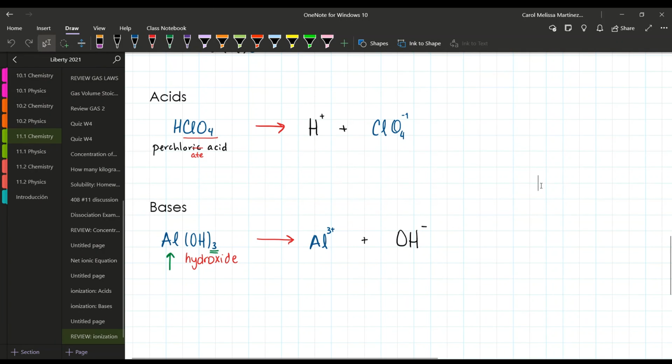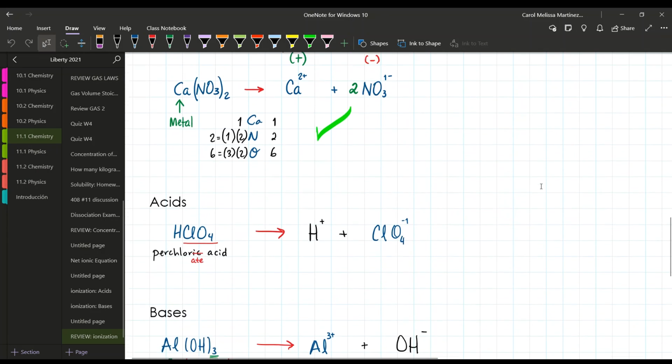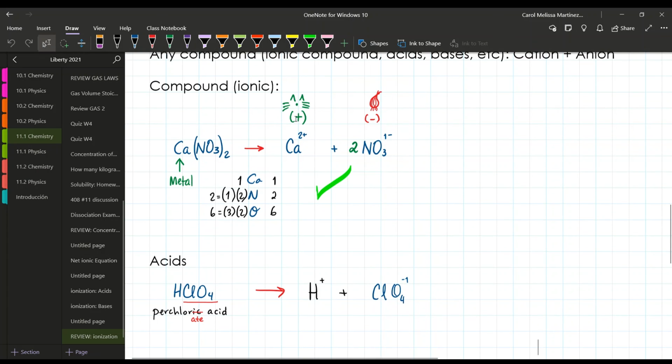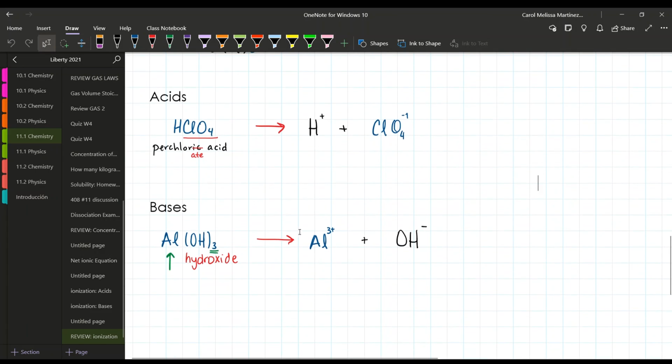And in the end, as I told you, you can combine it. You can write first the cation and then the anion, just like in the first example. Remember, the positive goes first and then the negative. You can arrange it also in this way, but just remember, you need to balance it.